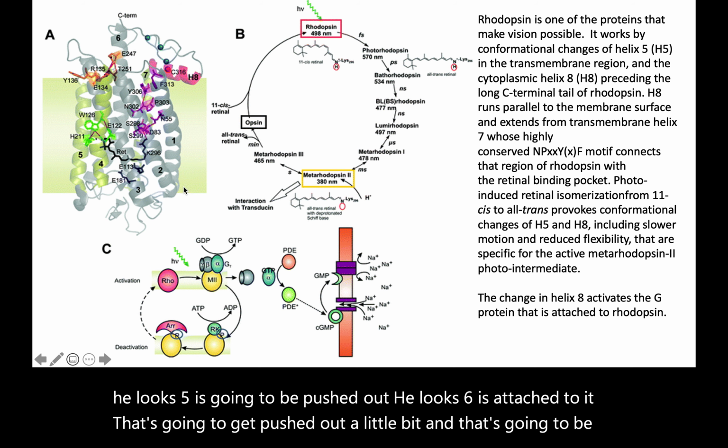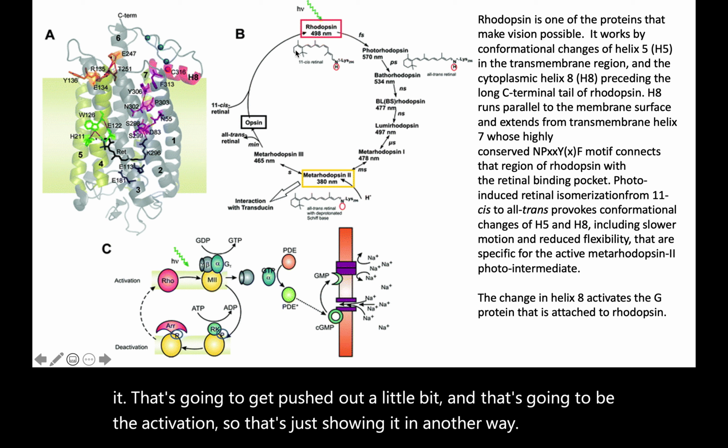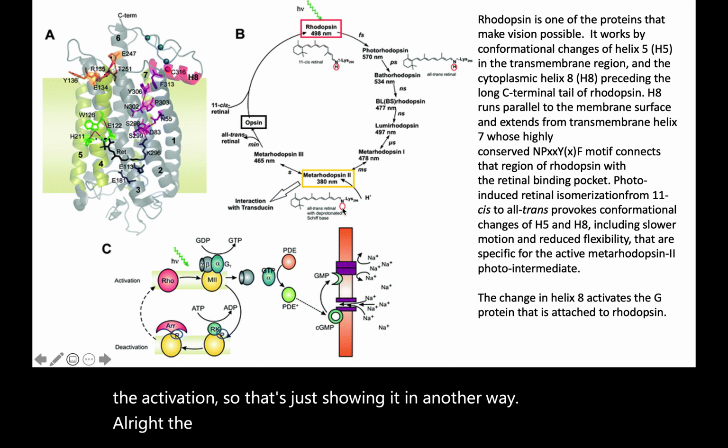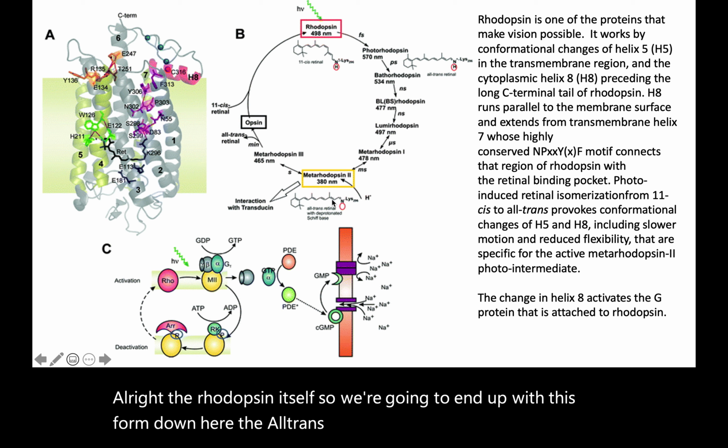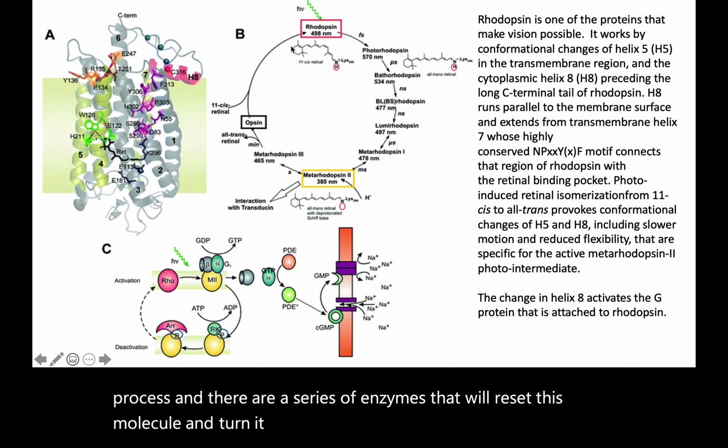So that's just showing it in another way. All right. The rhodopsin itself, so we're going to end up with this form down here, the all-trans retinal. And then it turns out there's a process, and there are a series of enzymes that will reset this molecule and turn it back into regular old 11 cis retinal.